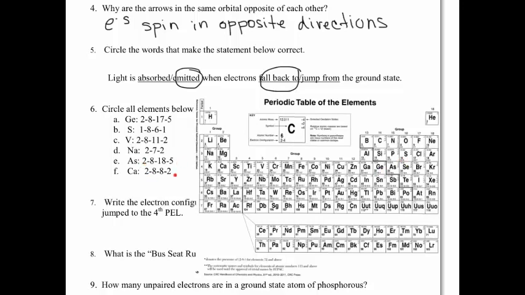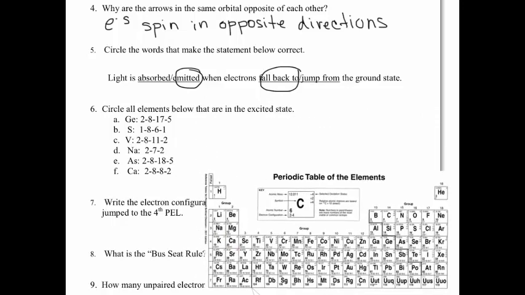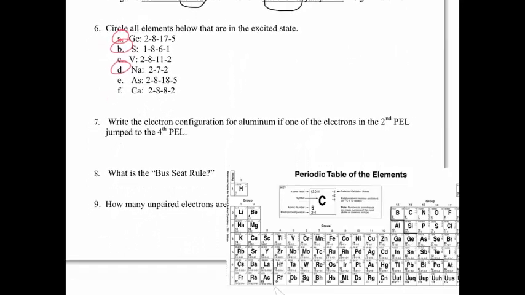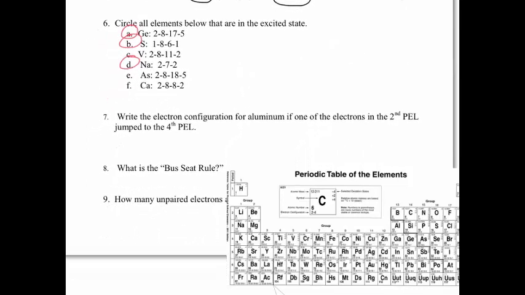And calcium 2, 8, 8, 2, which is what it is here. So none of those were ions, but some were excited. And the ones that were excited were germanium, sulfur, sodium, and I think that was it. So just keep in mind that the electron configuration in the periodic table is always in the ground state.